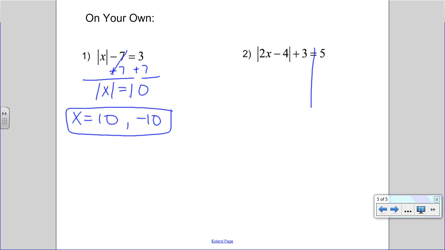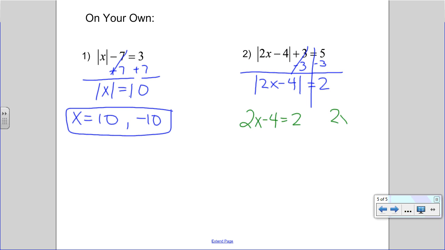Here my absolute value is not by itself, it's not isolated, so I'm going to subtract 3. So I get 2x minus 4 is equal to 2, the absolute value. That means I want to be 2 spaces from 0. So my 2x minus 4 can equal positive 2, which is 2 spaces to the right, or my 2x minus 4 can equal negative 2, which is 2 spaces to the left. I'm going to add 4.